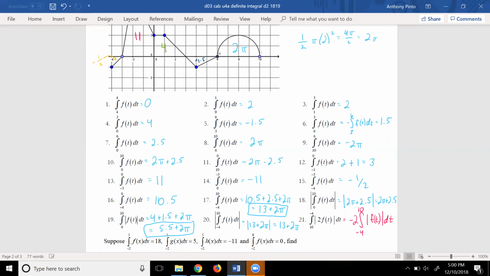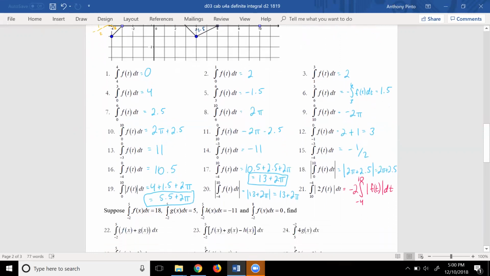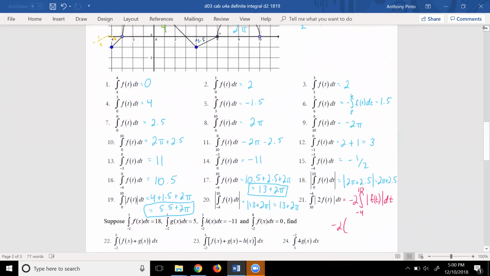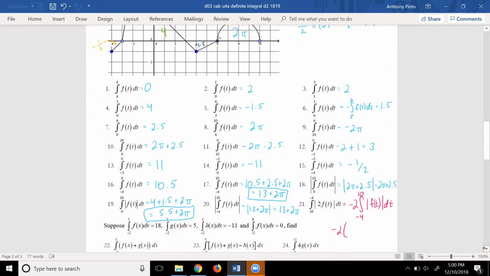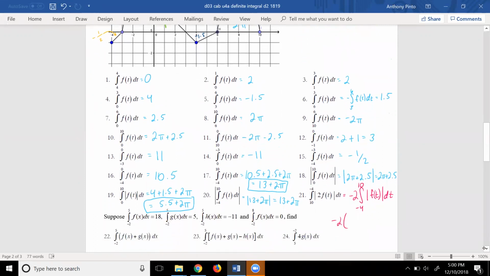Well, we already found, actually, did we do that? We didn't, so we'll have to do that now. This is negative 2 times the absolute value of f of t. Again, we're just adding up each individual area. If it's a negative area, that now becomes positive because it's the absolute value of this graph.